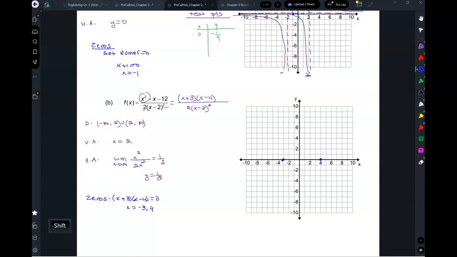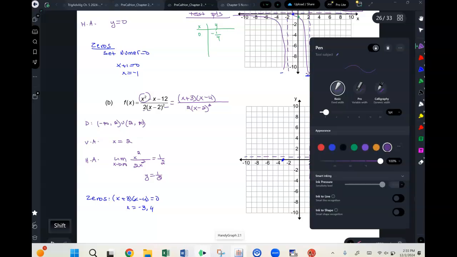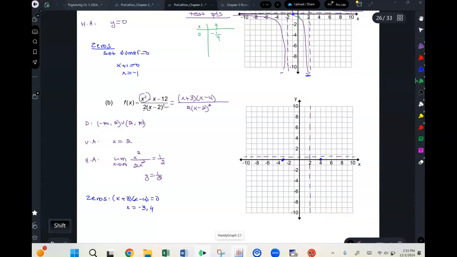Okay, let's put our horizontal asymptote at y equals 1/2 and the vertical asymptote at x equals 2. Okay, let's test some points. So x, y, when x is 0, how much is y?